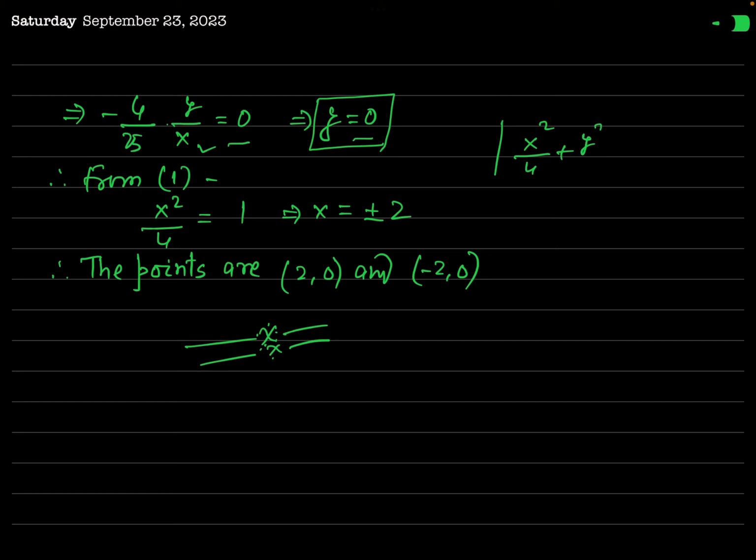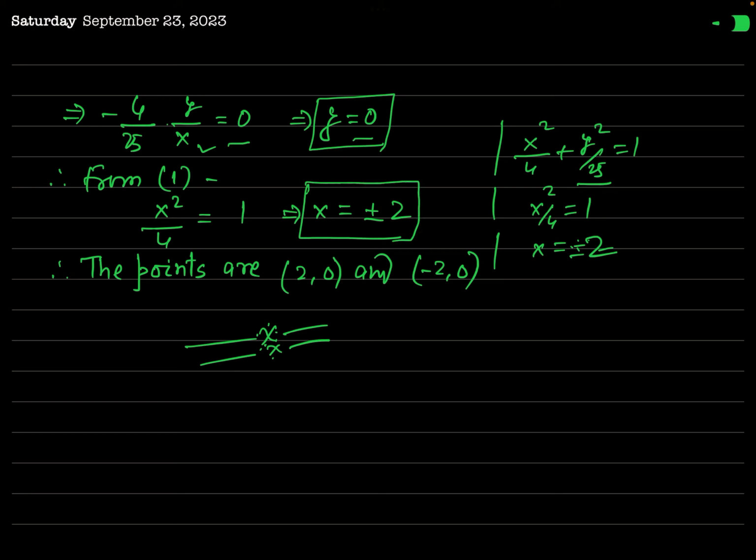This is x square by 4 plus y square by 25 equal to 1. Now put y equal to 0. So when we put y equal to 0, second term will vanish, and this x square by 4 will be equal to 1, and therefore x will be equal to plus minus 2.